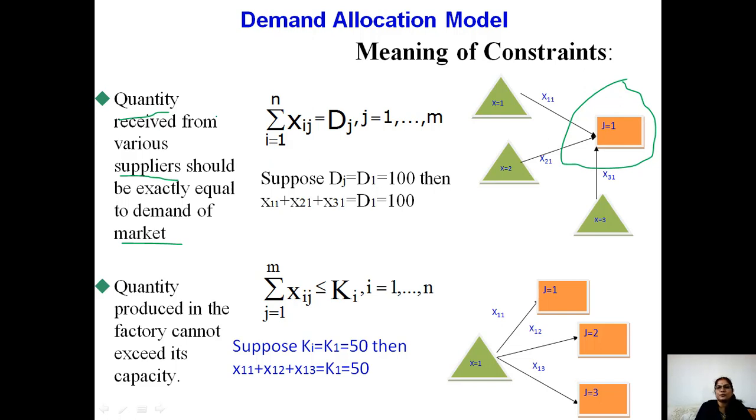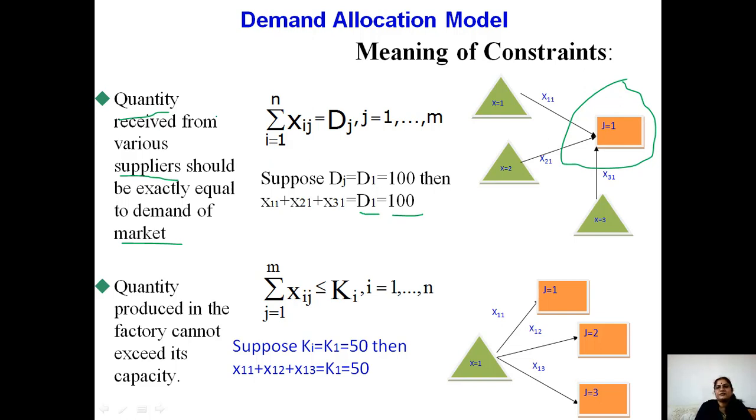It should not be more than that, should not be less than that. But each one, when they deliver, can be less than or equal to that. What I meant is, suppose the demand of the first warehouse, that is the market, is 100.